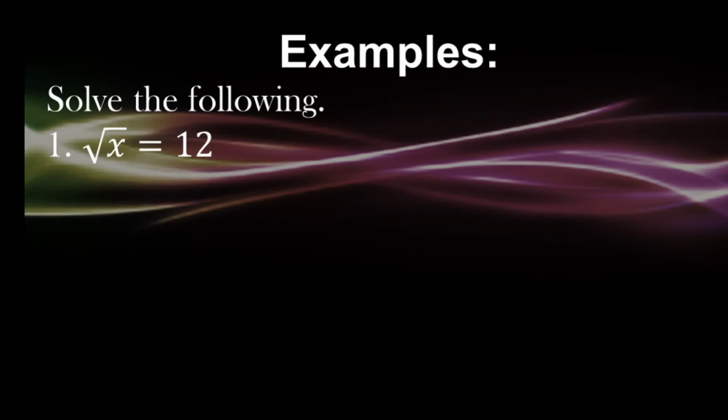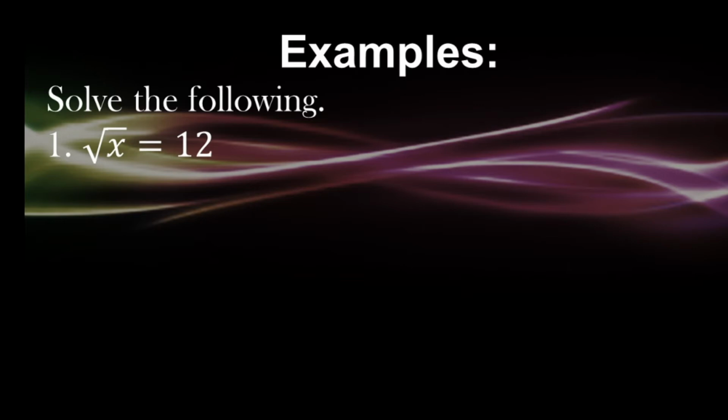Examples. Solve the following. Number 1. Square root of x is equal to 12. Since in the equation the radical is already on one side of the equation, we can proceed to the second step, and that is to raise the equation to the index power. And that index is 2.